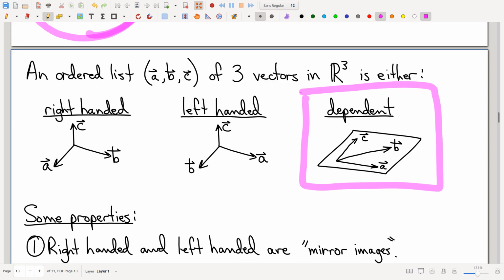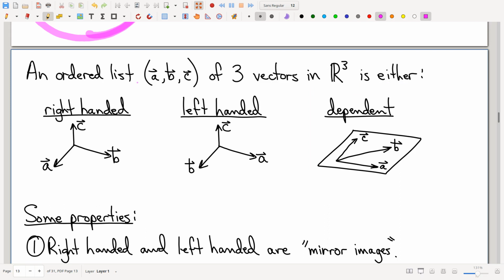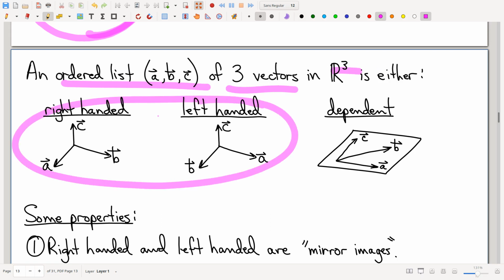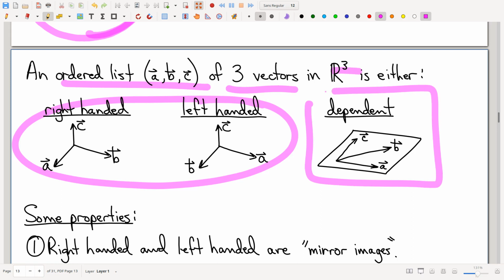They're all linearly dependent. Okay, so just like with clockwise, counterclockwise, I now have, for an ordered list, this time 3 vectors in R3, I have 2 primary options that are kind of opposites of each other, and then a third option, which is kind of the collection of various annoying little misfits.